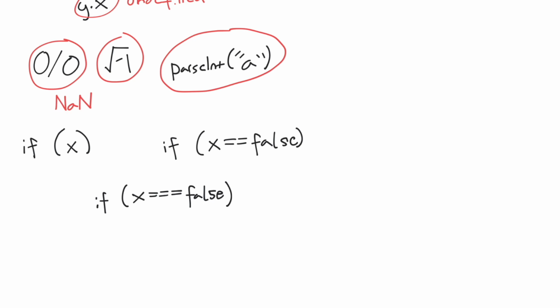And this is a lot clearer and can reduce the potential for bugs in your code. This will not be true, of course, for not a number, undefined, or an empty string. And so we also have the same thing is possible for an empty string.